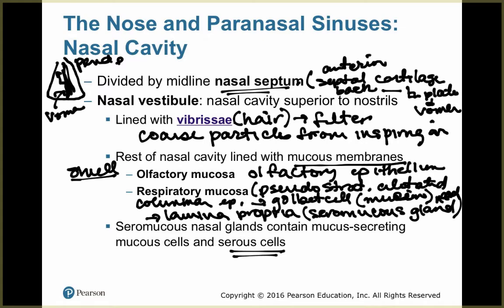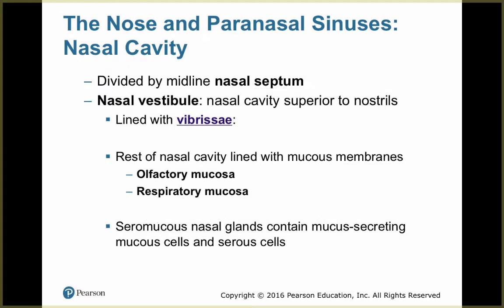Now, let me clear some of this off here. So the seromucous nasal glands that this area houses contain both mucus-secreting mucus cells and serous cells, right? So essentially these serous cells secrete a watery fluid that contains enzymes that are going to help break down foreign substances, right?